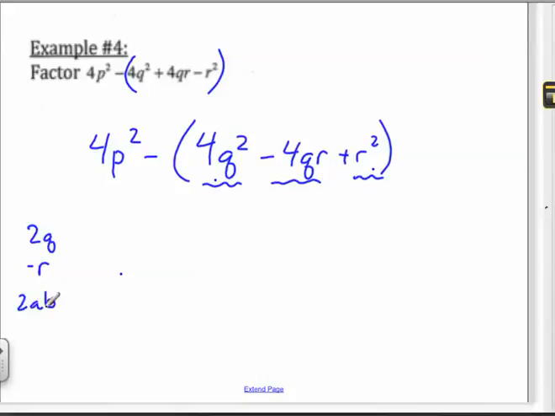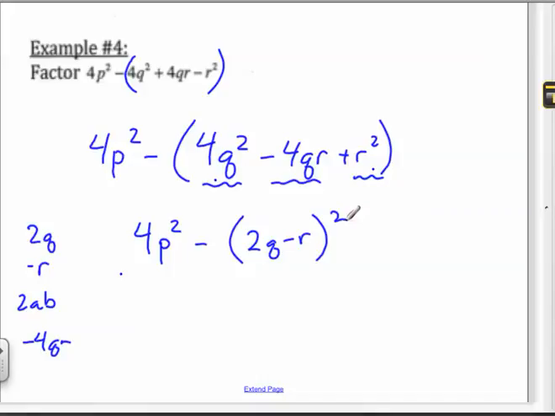Is it? Okay, well 2q times negative r is negative 2qr. And then when you double it, you get negative 4qr. So this is a perfect square. 4p squared minus parentheses 2q minus r squared. That's section 5.6. Good.